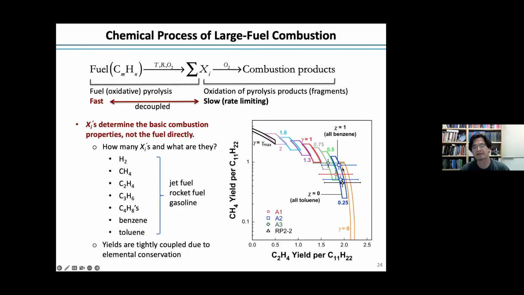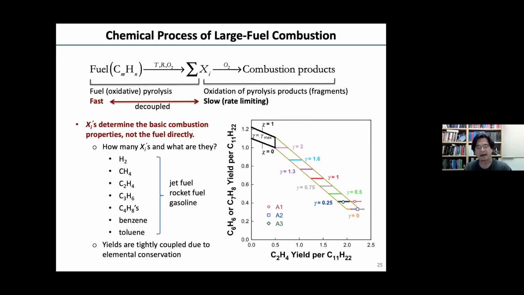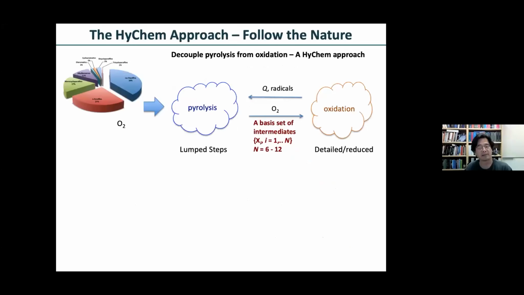And there are a few bands that depend on the benzene toluene ratio. You can show that those bands constrain methane yield and ethylene yield very tightly, in fact. And those are some measurements done in Wang's shock tube for several different fuels. Also, if you look at the aromatic yield, they are also very bound. There is a very small parameter space or variable space you can choose those stoichiometric coefficients from.